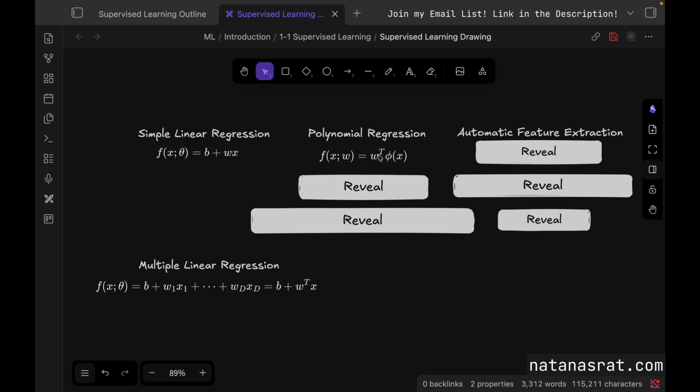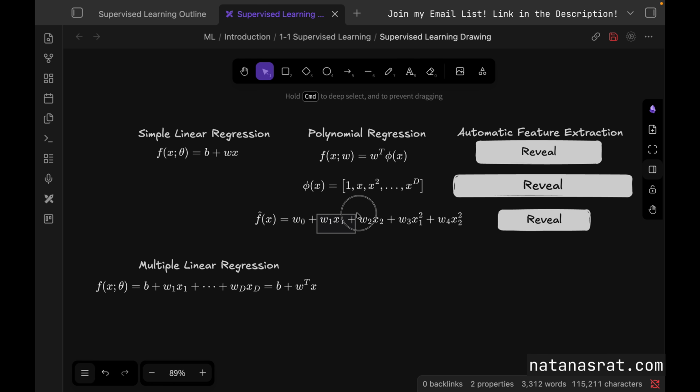So let me show you what that means. We will use this feature vector, which looks as follows. We have a polynomial expansion here, where each input is included in the formula, and we'll have more polynomial terms. For example, if our feature vector included just this part, we'll have this kind of equation.